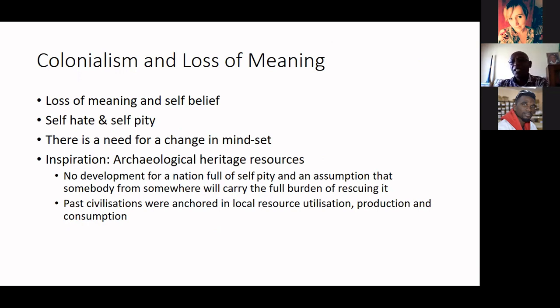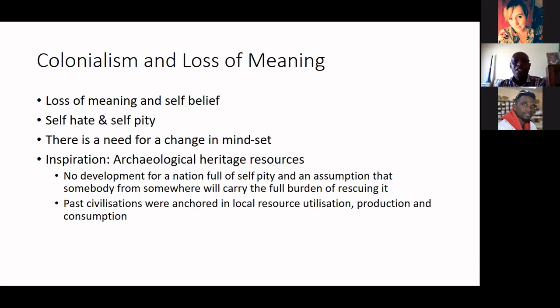Loss of meaning, especially among the vast majority of Africa's population, a lack of self-belief that they can actually do it, the issue of self-hate and self-pity. So for development to take place, there is need for a change in mindset. And I see archaeology providing that kind of inspiration.